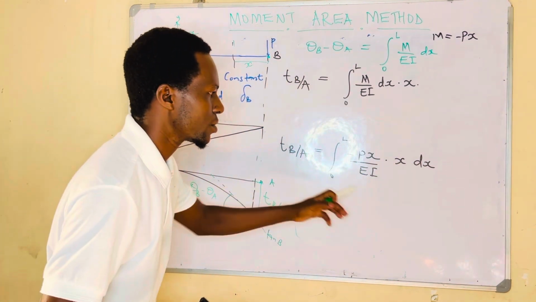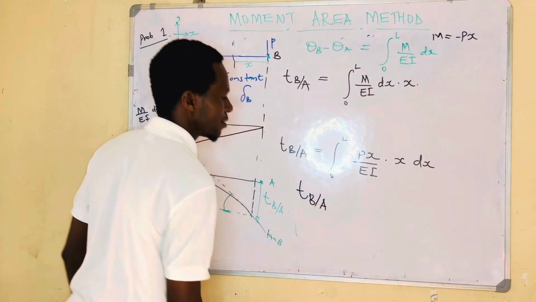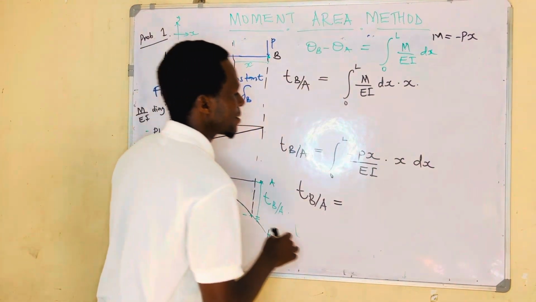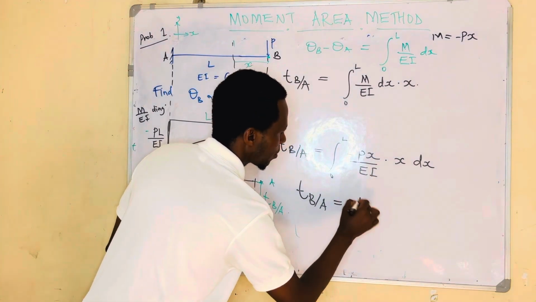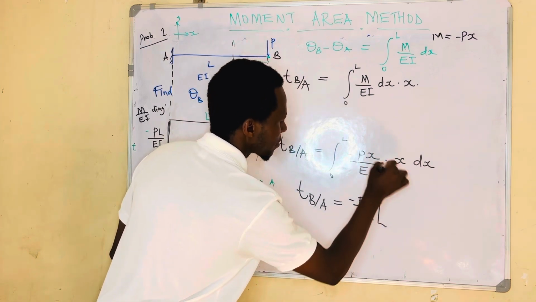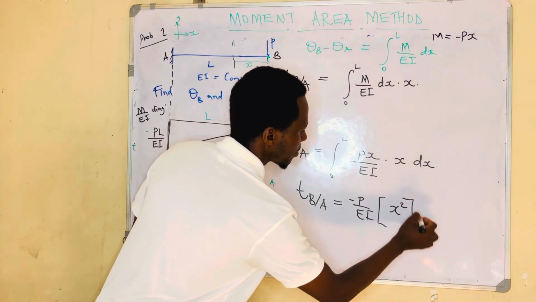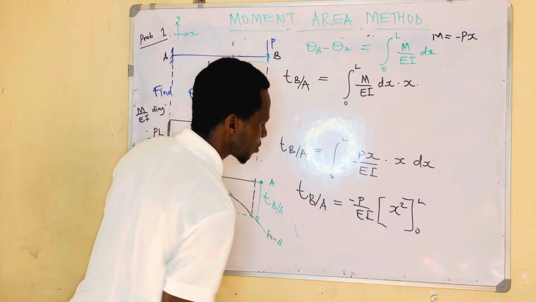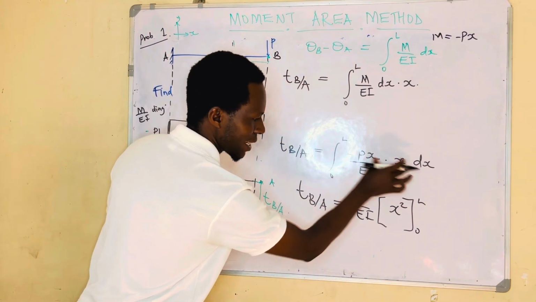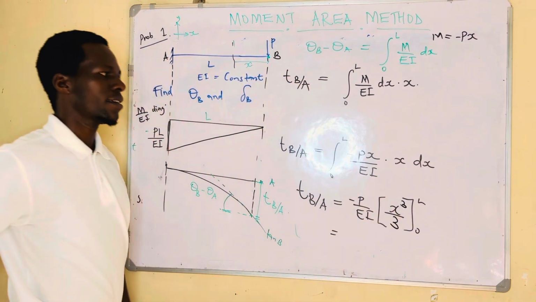So this is the expression I'm going to integrate so that I find the tangent of B with respect to A, which is equivalent to the deflection at B, right? If I integrate this, pull out P out of EI, here is x squared, so integrating from 0 to L, if you integrate x squared, you get x cubed divided by 3.